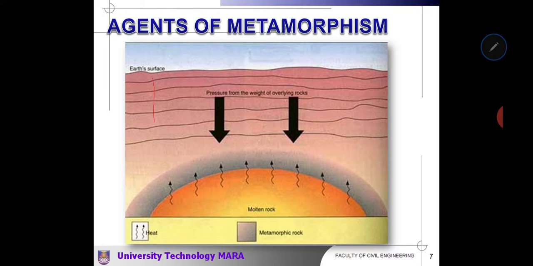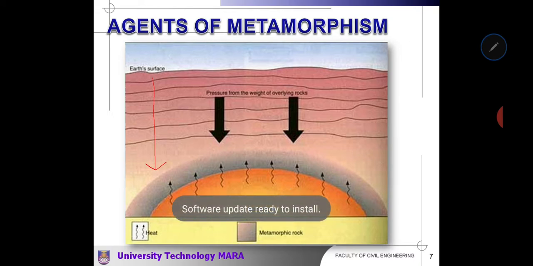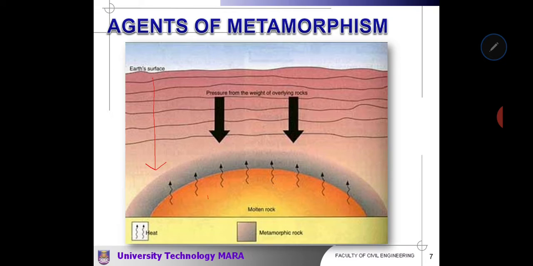When you go deeper inside the earth's crust, the heat or the temperature increases. And of course, you know that deep inside the earth's structure, we have the zone we call molten rock, or the zone occupied by magma. So this magma also is a source of heat. Okay, what will happen in this gray zone here?